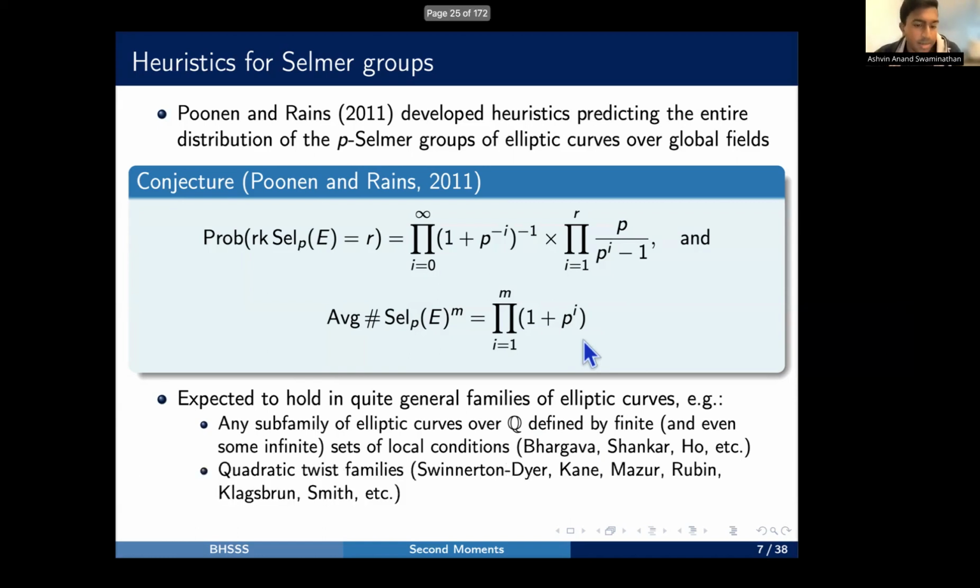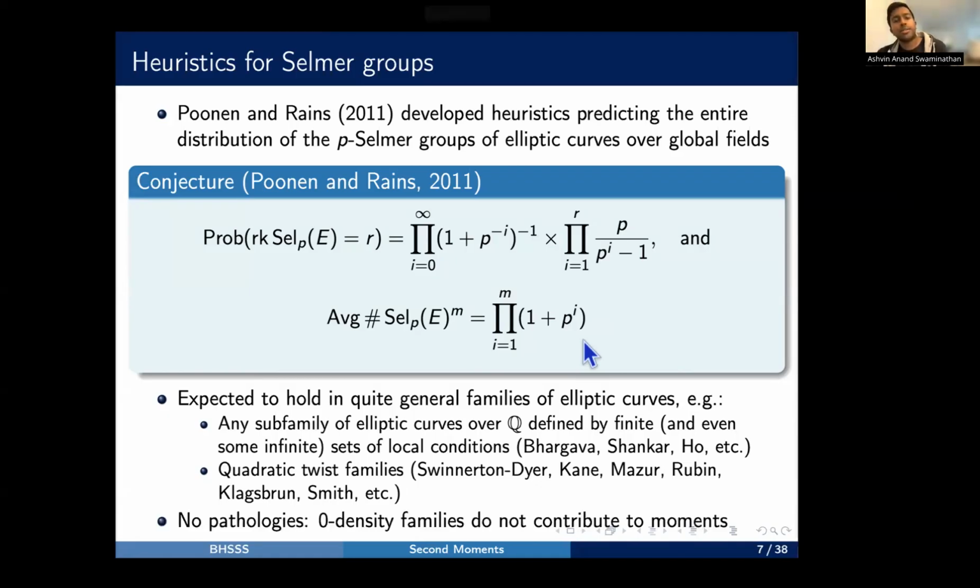You could also look at quadratic twist families, and the conjecture is supposed to hold in that setting as well. And there we have many important works of Swinnerton-Dyer, Kane, Mazur, Rubin, Klagsbrun, Smith, and many others. In this talk, I'm going to focus on the case of subfamilies of elliptic curves over Q that are defined by local conditions. That's the setting in which I've been working.